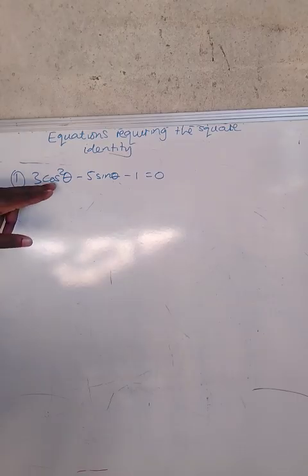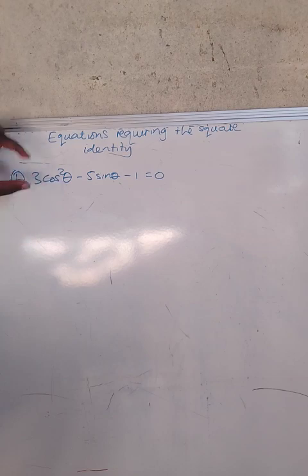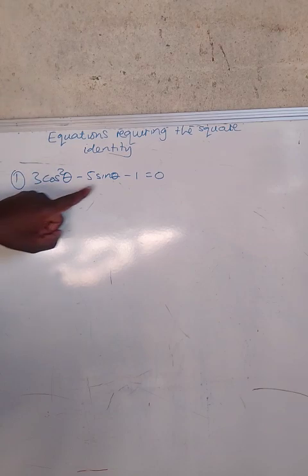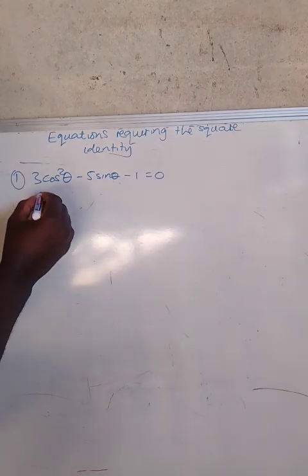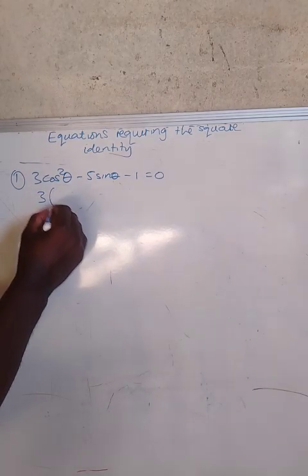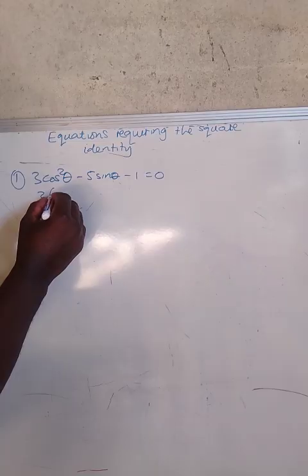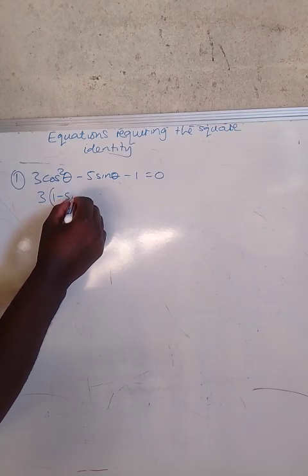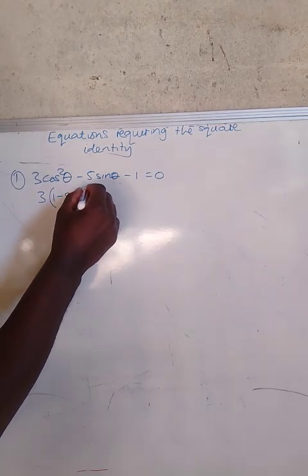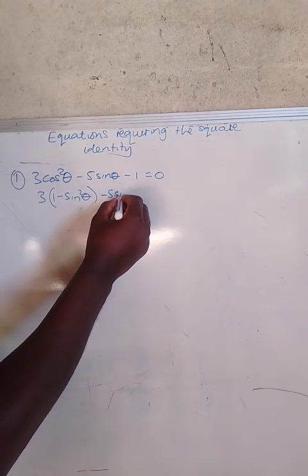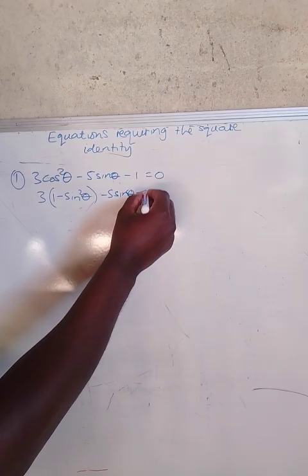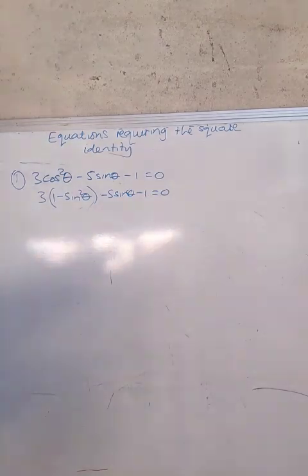We have to change the cos squared part to be the same as the middle term. So we introduce the square identity, which gives 1 minus sine squared theta, minus 5 sine theta minus 1 is equal to 0.